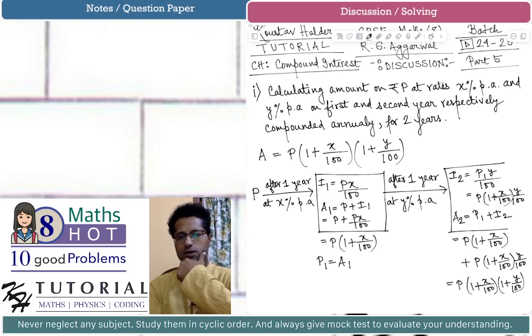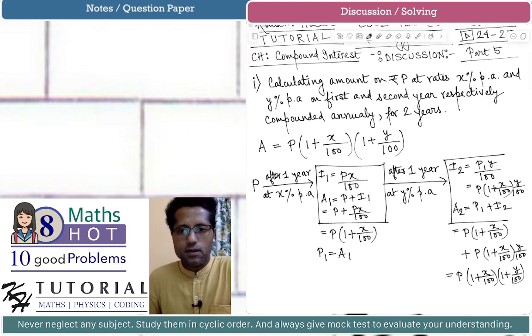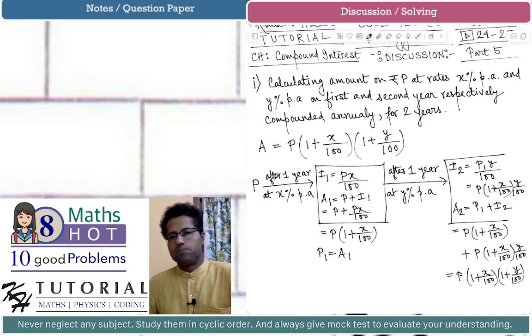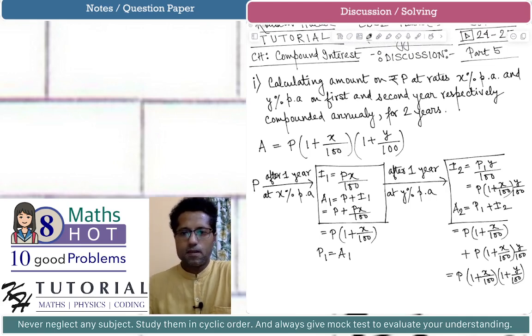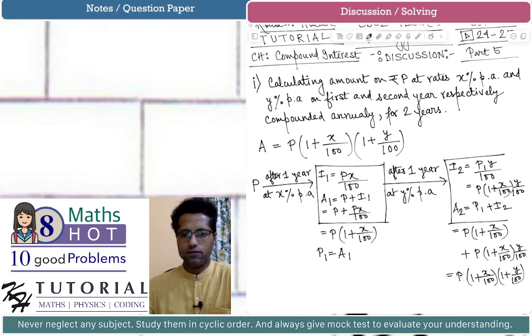One thing to note is that if the order of the rates is changed, like in case 1, and we are asked to find the amount on P, but the rates are y% per annum for the first year and x% per annum for the second year, then the result will be the same.